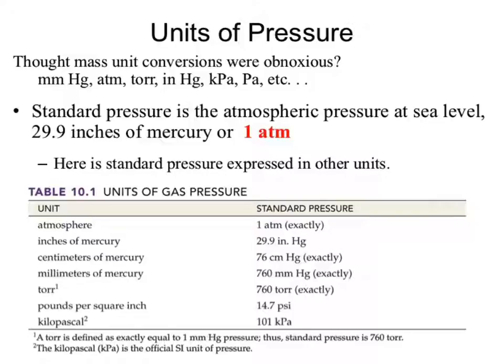So if we go through and look at a variety of different ways to define pressure, 1 atmosphere is our atmospheric pressure, which is equal to 29.9 inches of mercury. So it's already set up as a conversion factor, which is also equal to 76 centimeters of mercury, 760 millimeters of mercury, 760 torr.